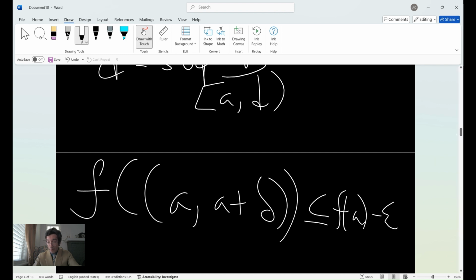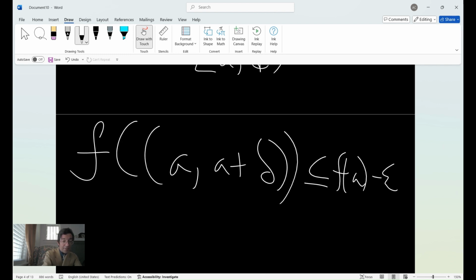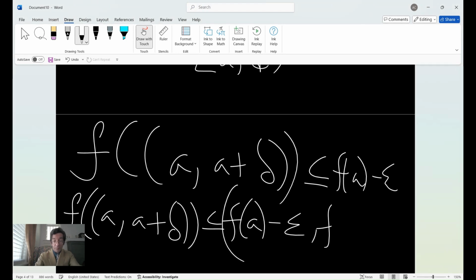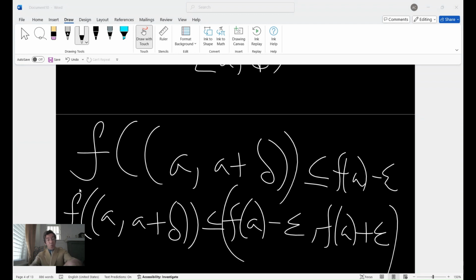Let me see if I can rewrite it in a different way so that I have more room, because we need f of a plus epsilon as well. All right. So what this means is that a plus delta is an element of D.